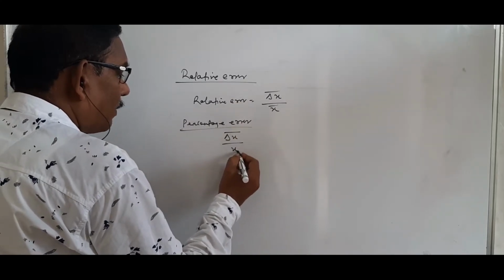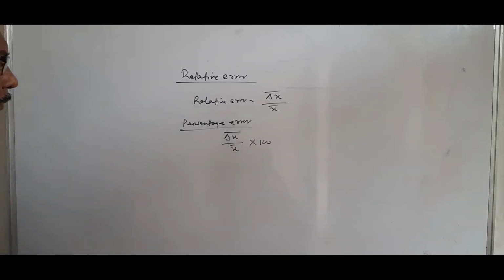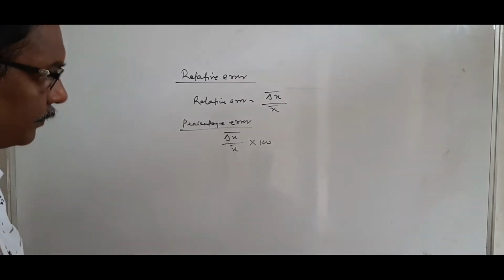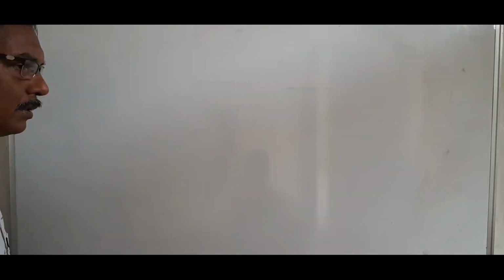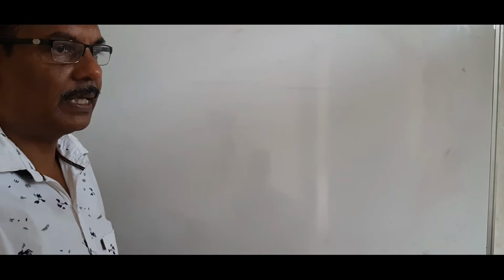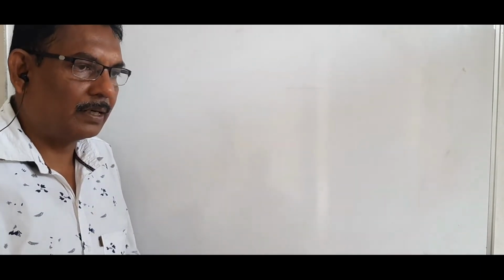Delta x bar by x bar into 100. It gives you percentage error. Clear? So this is all about how to calculate the relative error, the percentage error, and the absolute error of the given observations.